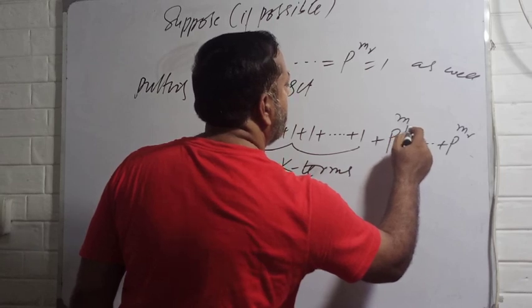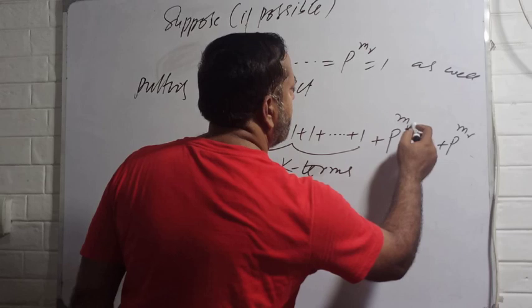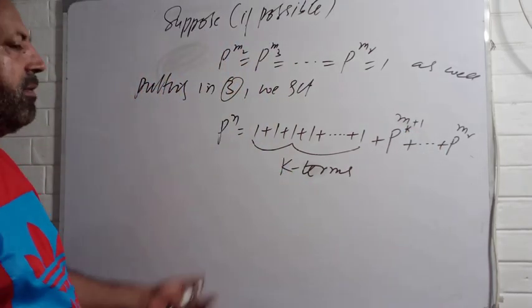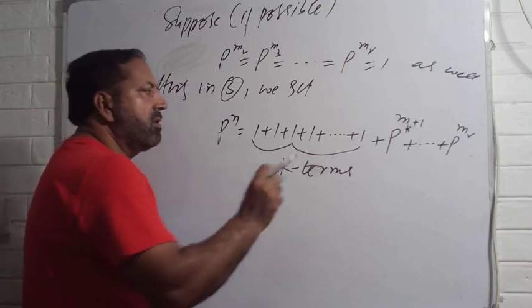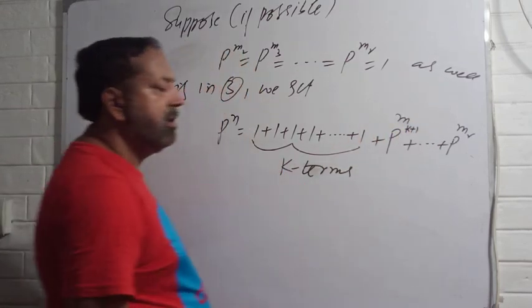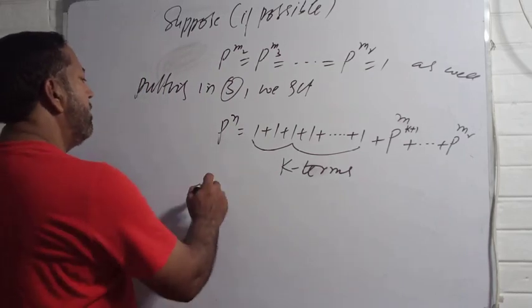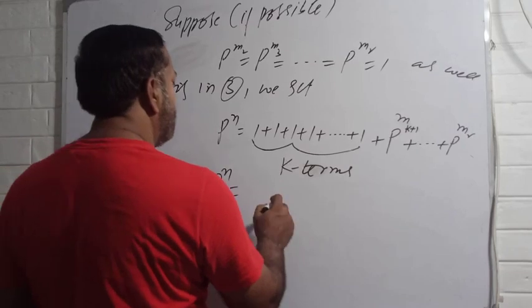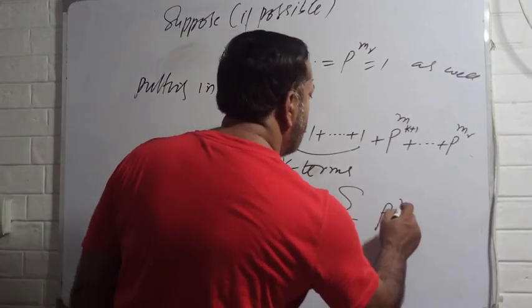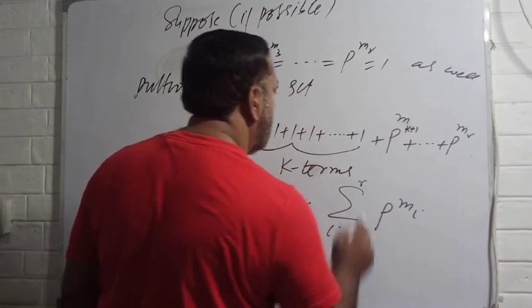Because we are using the symbols, there is no problem if you are writing here k plus 1. This is also okay. So you are getting P power n is equal to k plus summation of P power mi, i going from k plus 1 to r.